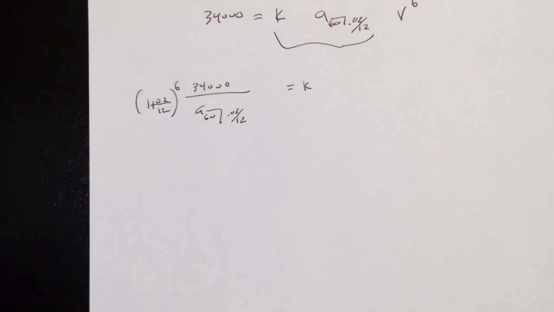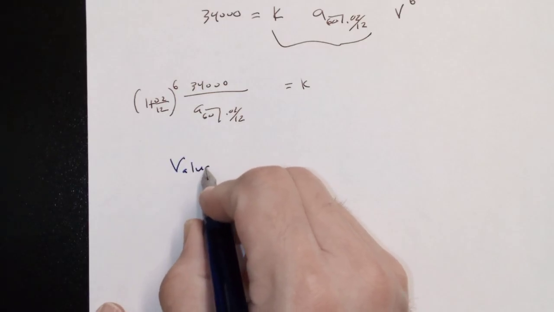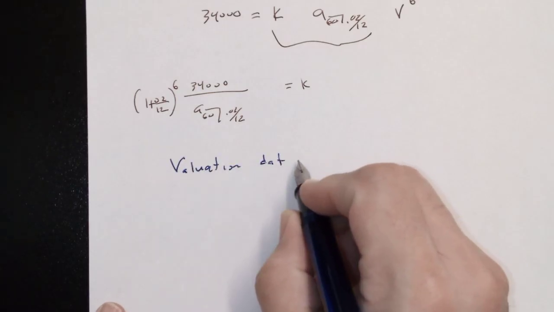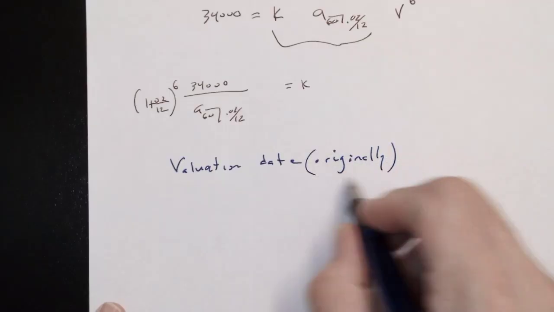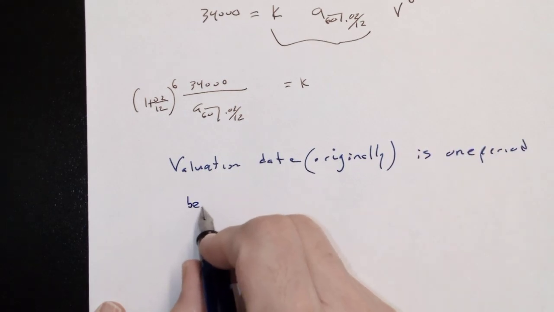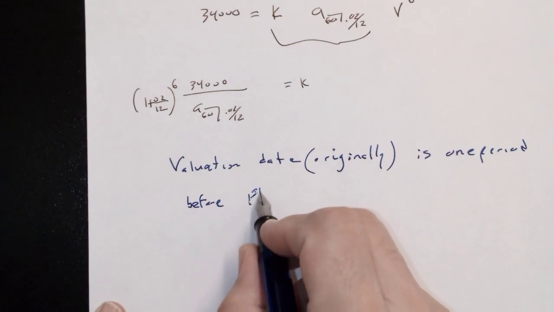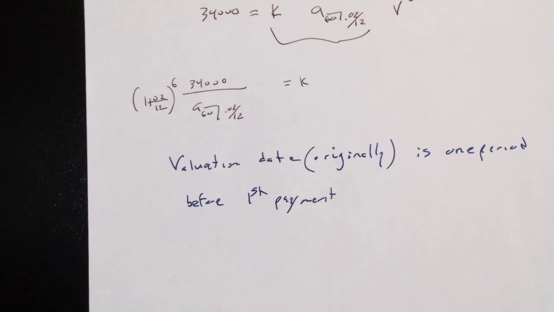So our original valuation date is one period before the first payment. So when I said we're going to take the loan today, but the first payment is October, and then I said, no, we're going to think about delaying that 6 months. That made my first payment April.